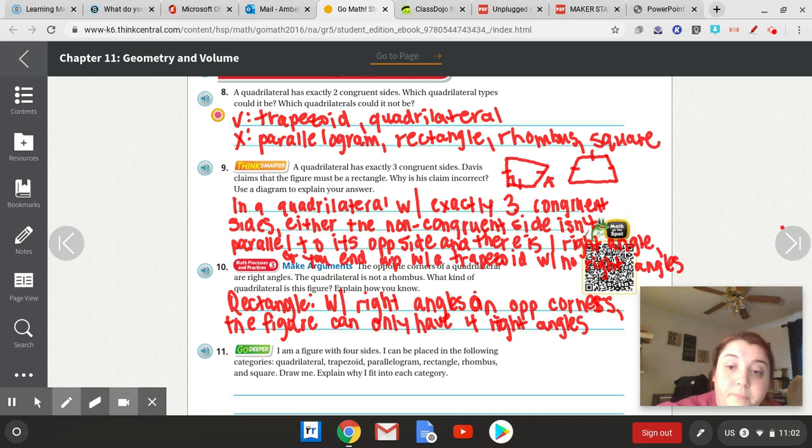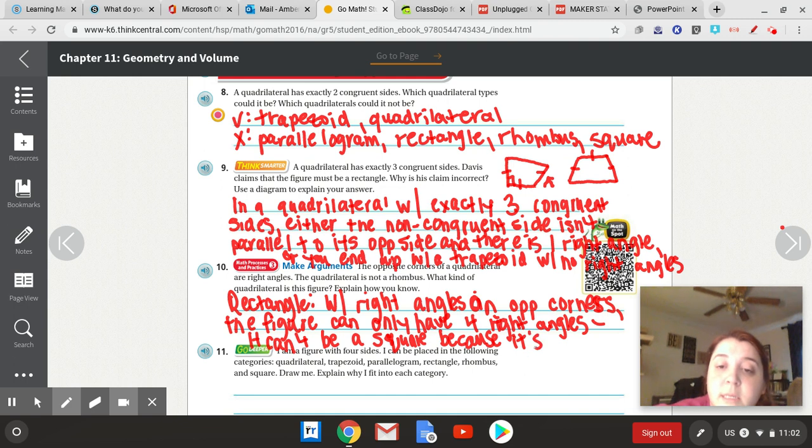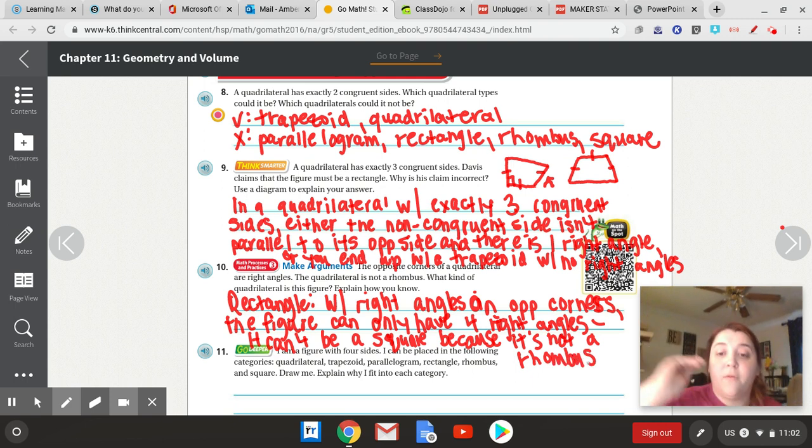But we also know that it can't be a square because it's not a rhombus. So the only possible shape left over from that is the rectangle.